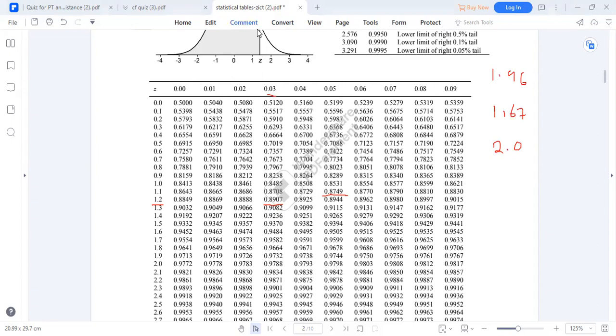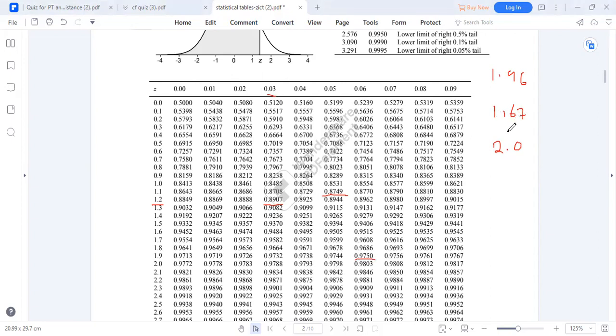Quickly, what is the reading for these ones? 1.96, what is the reading? 1.96 is 0.9750. Correct.